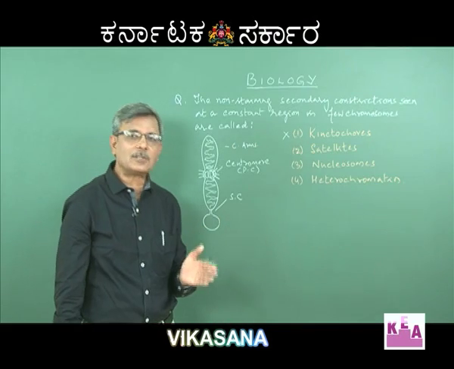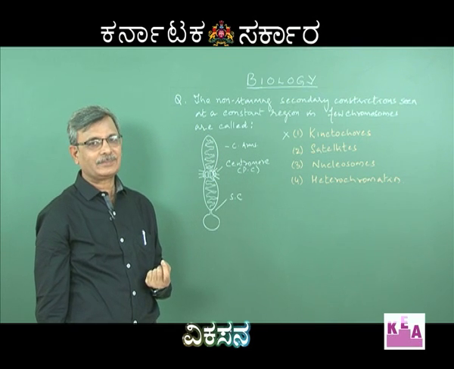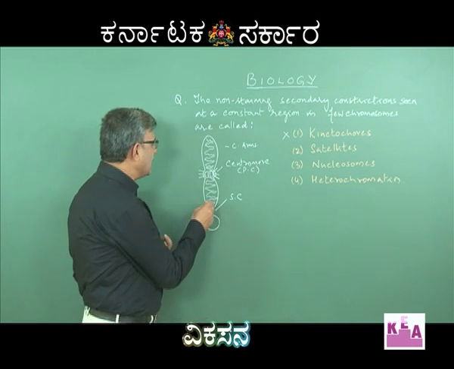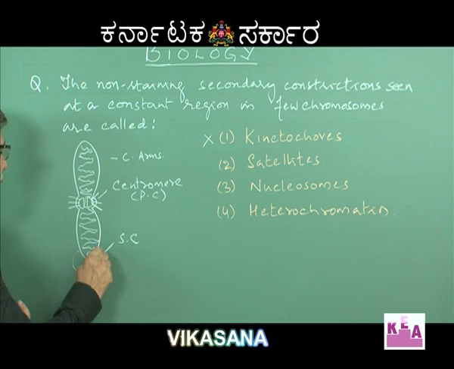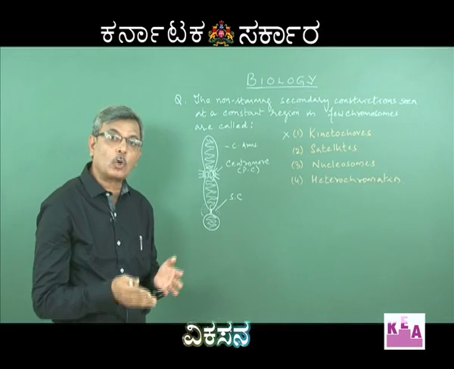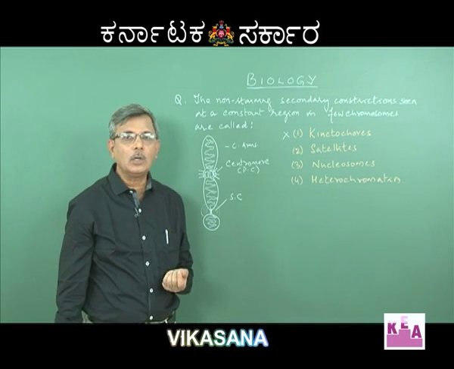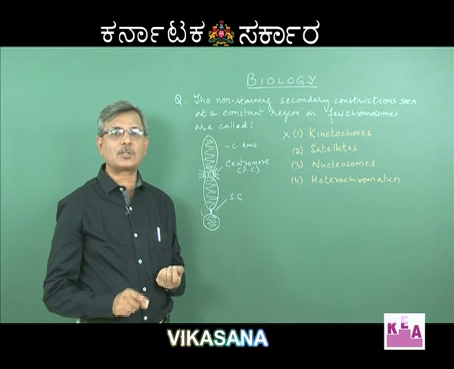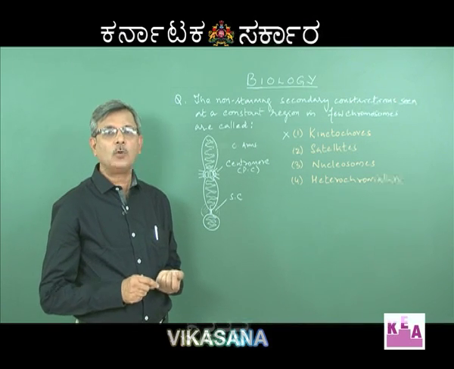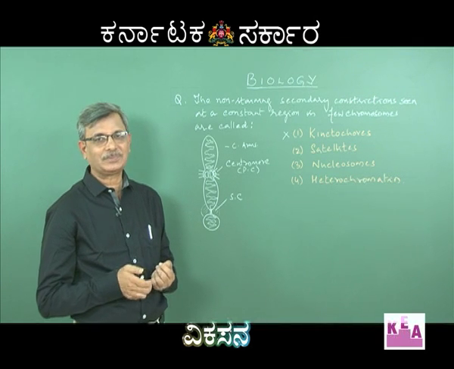Secondary constriction areas are also called nucleolar organizing centers, and these are the sites where nucleolus is going to be produced, thereby nucleolar organizing center. The chromatin that passes through it is called nucleolar chromatin, that is the one which undergoes transcription to give you ribosomal RNA. I hope all of you know nucleolus is a non-membranous structure present inside the nucleus where ribosomes are going to be manufactured or formed.